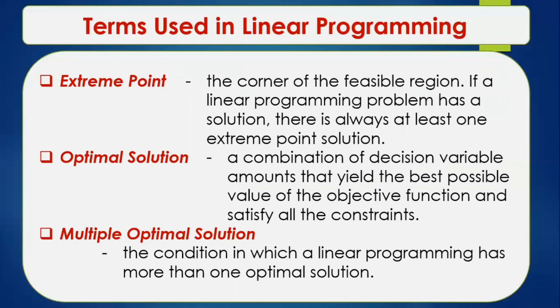And optimal solution, this is a combination of decision variable amounts that yield the best possible value of the objective function and satisfy all the constraints. So as long as it satisfies all the constraints, then we have what we call optimal solution. And when we say multiple optimal solution, it is the condition in which a linear programming problem has more than one optimal solution.